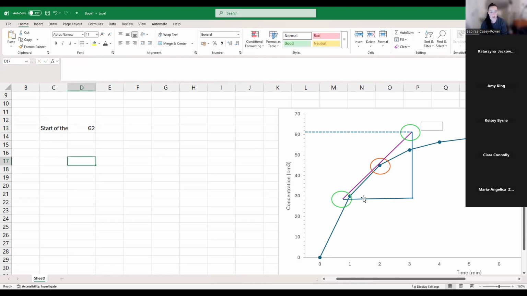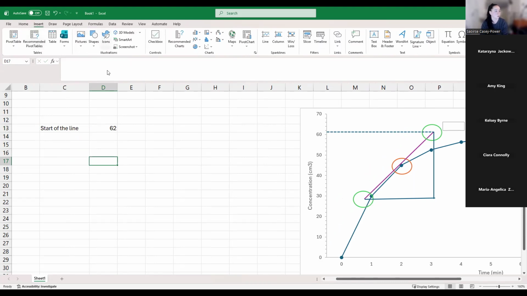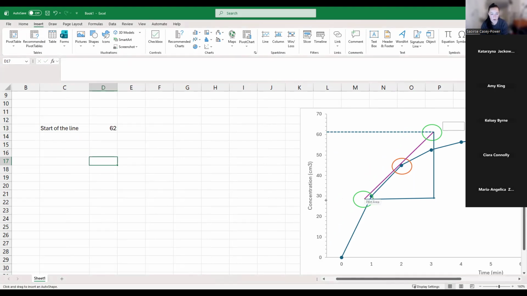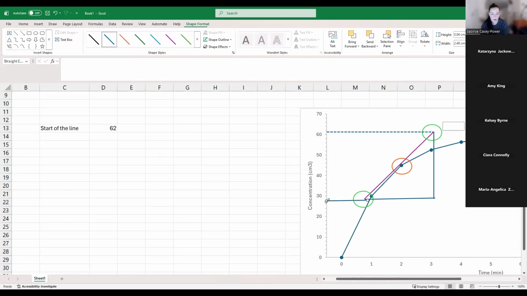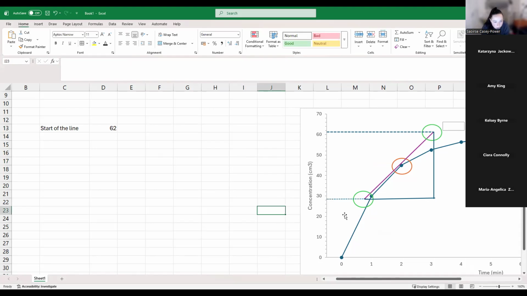Okay, so I'm going to do the very same thing for my value down here. I'm just going to come out to meet the graph there. So roughly that should be 28.